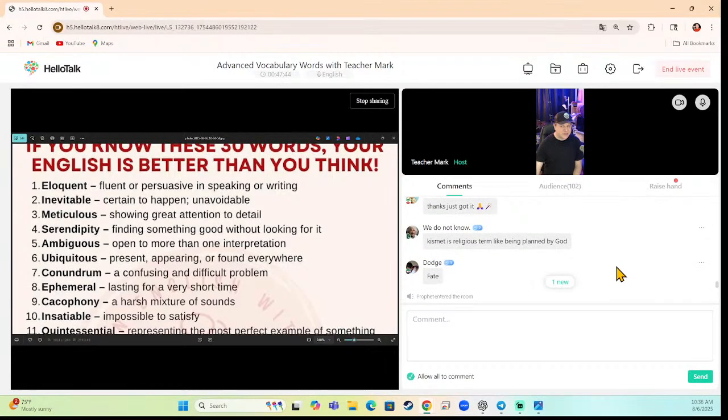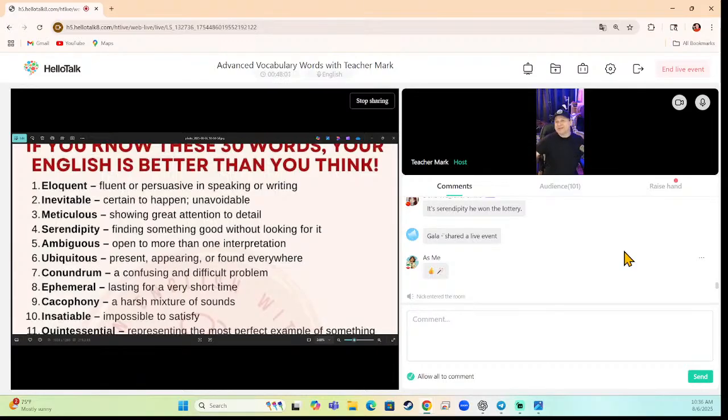Kismet is a religious term like being planned by God. Not in the West. I would not say it's a religious term. Here it's a secular term. It's actually almost like a magical term. Like if you just say, oh, it's kismet, we met, nobody's saying that religiously. That has nothing to do with religion.